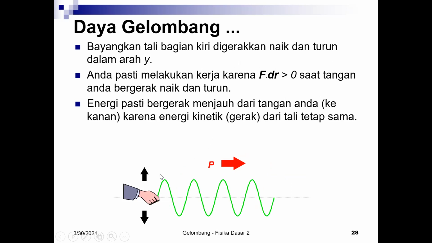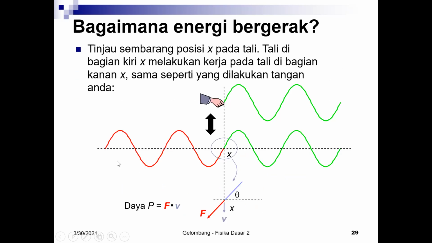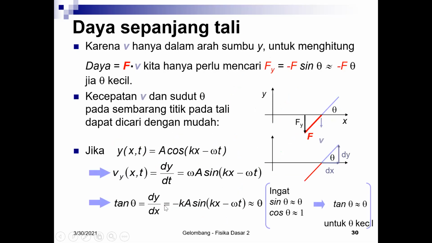When you take this string, for example, and make a disturbance or perturbation, up and down, at the origin, at this point, we have this force F and this angle theta. The power P is F dot v, where v is the velocity of the oscillation, v_y, which is the partial derivative of y with respect to t.